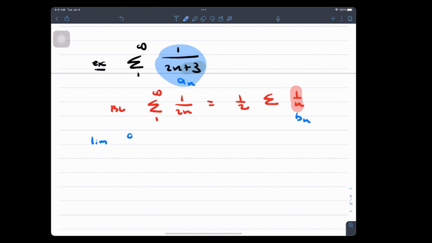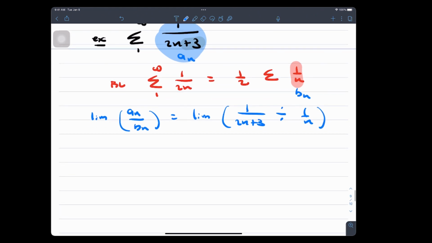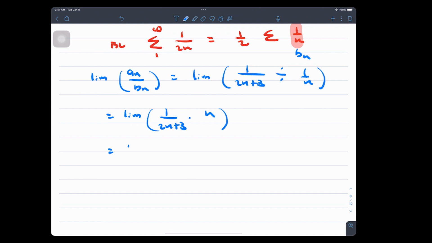So that the limit of the ratio of a_n to b_n is the limit of 1 over 2n plus 3 divided by 1 over n, which will be your limit now, 1 over 2n plus 3 times n, right? The limit of n over 2n plus 3.